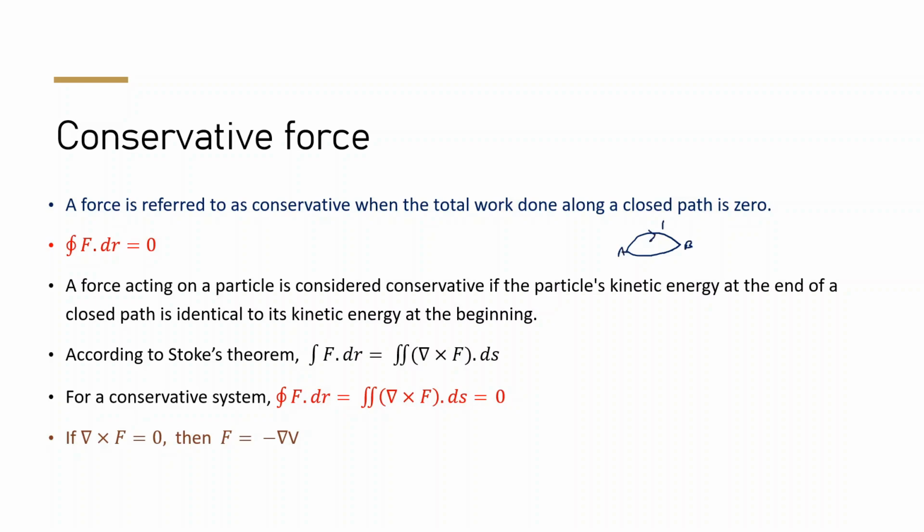This is path 1, this is path 2. The particle starts its journey from the point A and reaches B and then comes back to the point A through this second path. The total work done in traveling the entire path is 0. So integral F dot dr equal to 0. It's a closed integral.